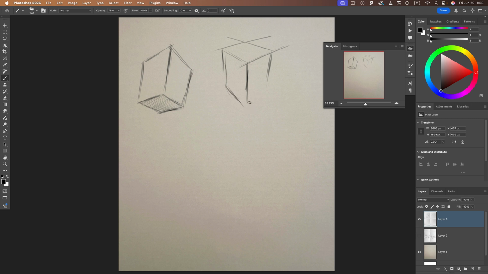Again, it doesn't have to be perfect. Actually, I'm making some mistakes right now, but the general idea is that you can read this as a box.